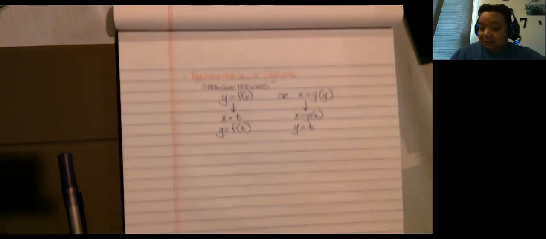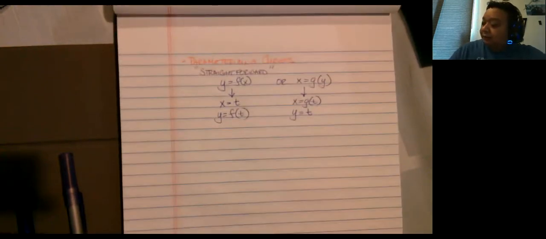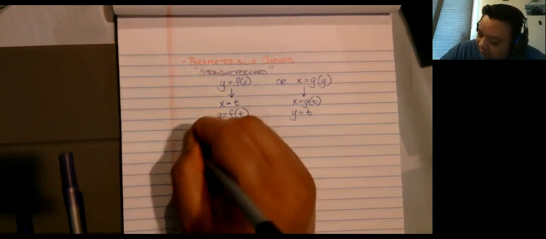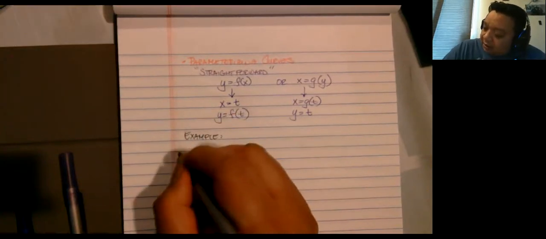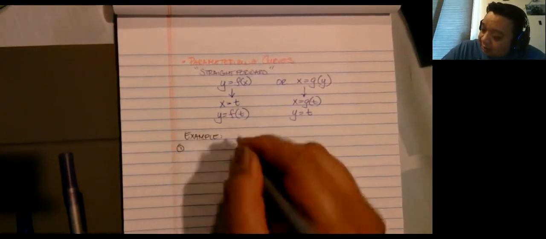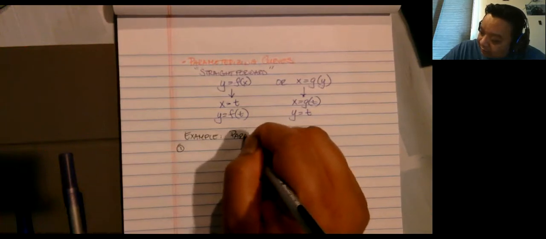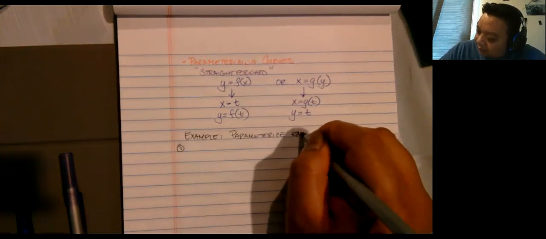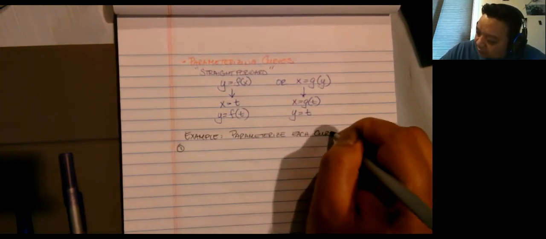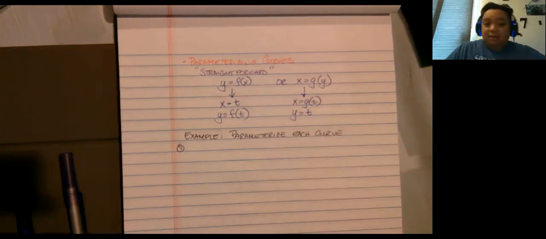So some examples. Number one, the direction is to parameterize each curve.